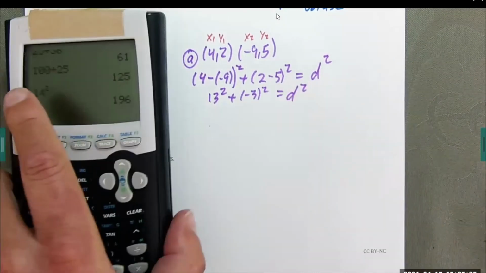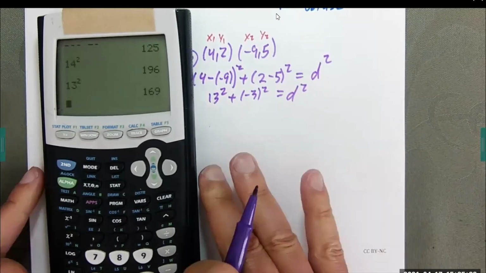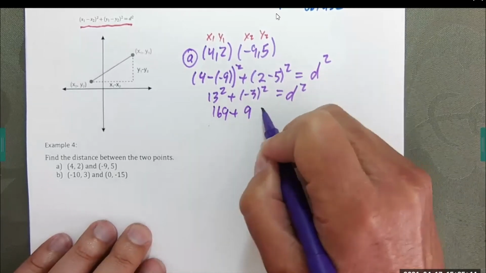13 squared is 169, I believe. 13 squared, 169, plus 9.